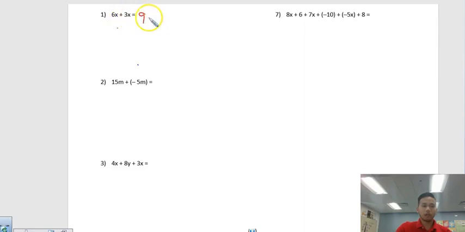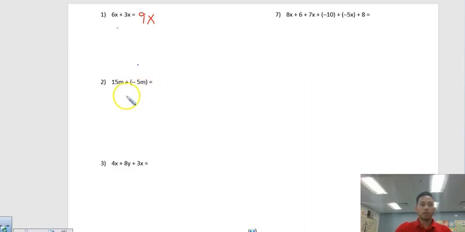Therefore, copy your variable. Therefore, the answer here is 9x. As simple as that, guys. So combining like terms, take a look at the variable and then the exponent, and then perform the operations to the coefficient, right? Next example, which is 15m plus the quantity negative 5m is equal to blank.